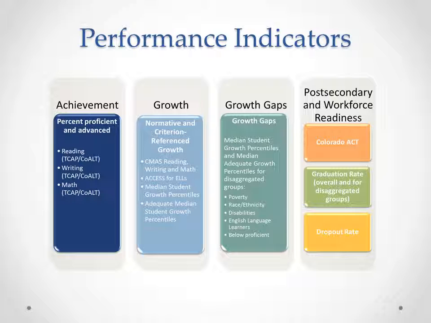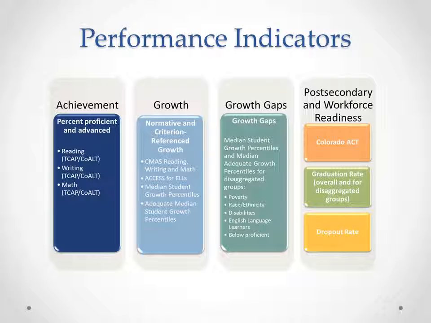For academic growth, the measures are median student growth percentiles and median adequate growth percentiles for reading, writing, and mathematics based on TCAP or Colorado Alternative Assessment, and for English language proficiency based on Access for ELLs.